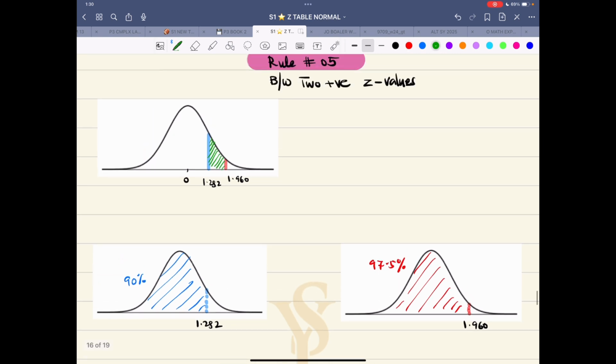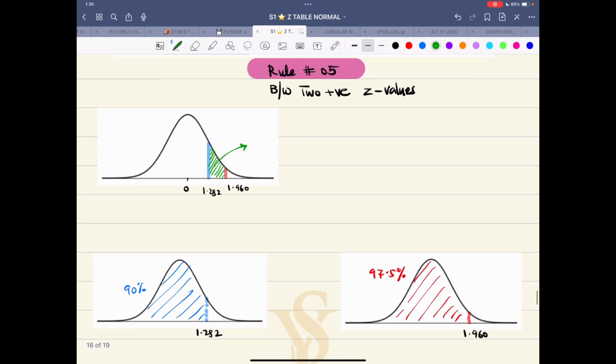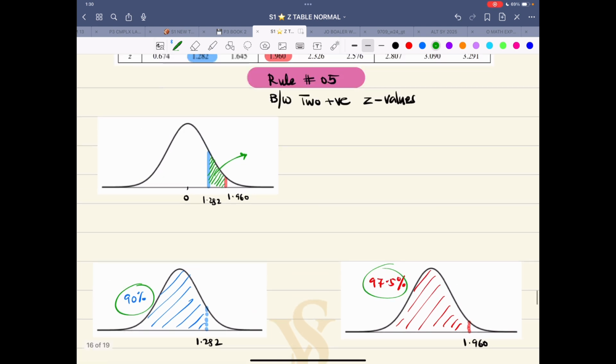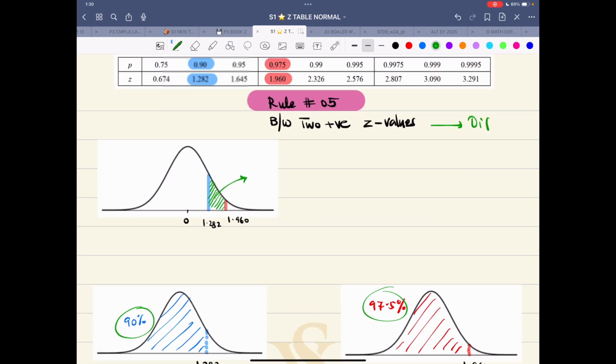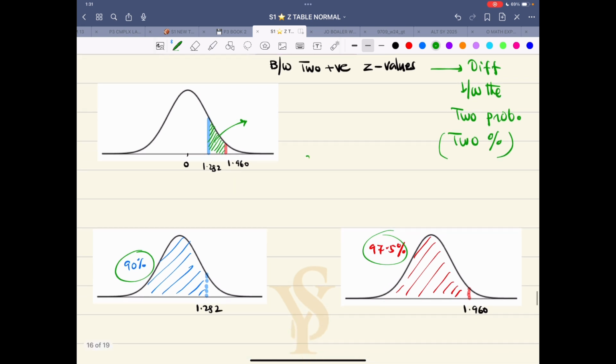So I hope you have guessed it that this thing over here is the difference between the 2 probabilities, the difference between the 2 percentages. So therefore, 97.5% minus 90% comes out to be 7.5%, and that is the answer.